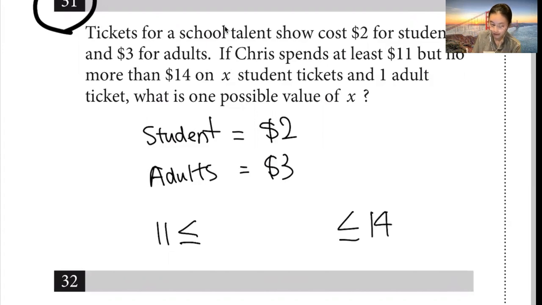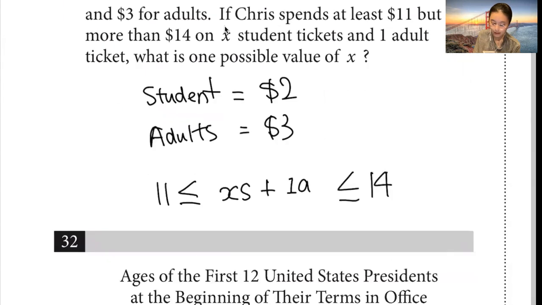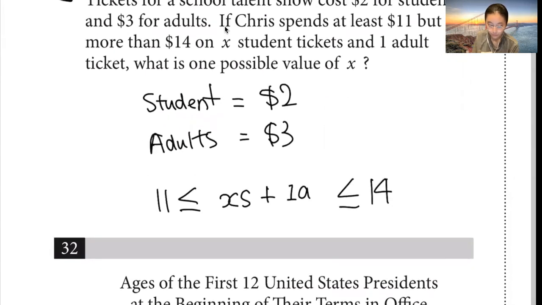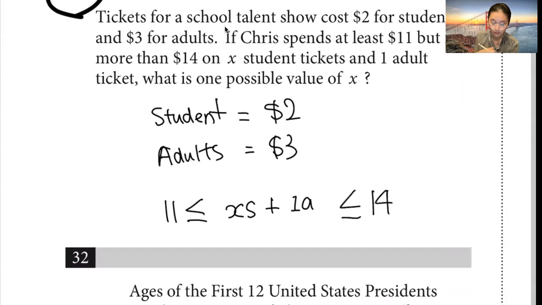So we're going to write it like this: on x students and one adult. Now we just plug in the costs that we already know.